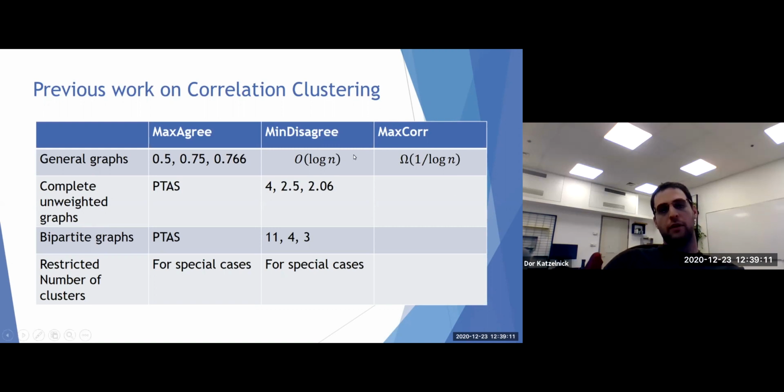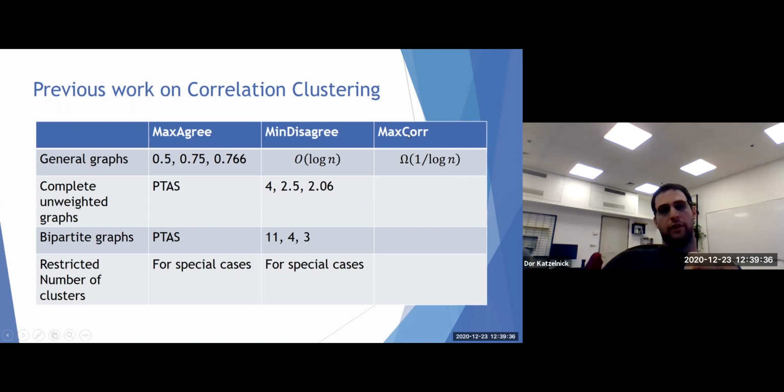For the min disagree objective, we have an order of log n approximation for general graphs. There we use some metric methods and some region growing techniques. And we also have some constant factor approximation when the graph is complete and unweighted, and also for bipartite graphs.